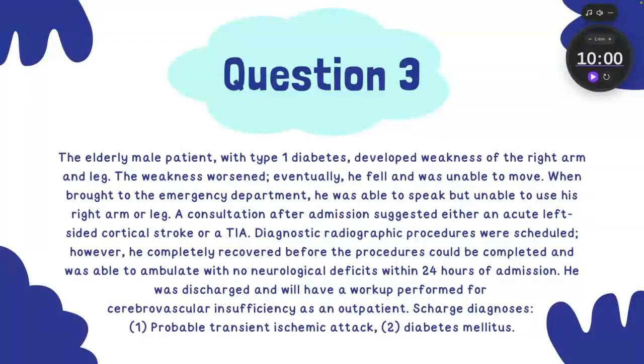Radiographic procedures were scheduled. However, he completely recovered before the procedure could be completed and was able to ambulate with no neurological deficits within 24 hours of admission. He was discharged and will have a workup performed for cerebral vascular insufficiency as an outpatient, and the discharge diagnoses, probable TIA, and diabetes.